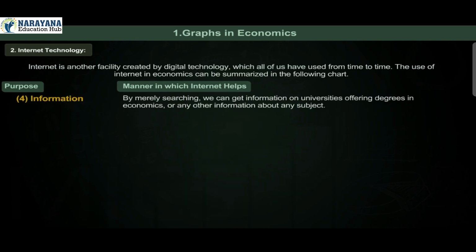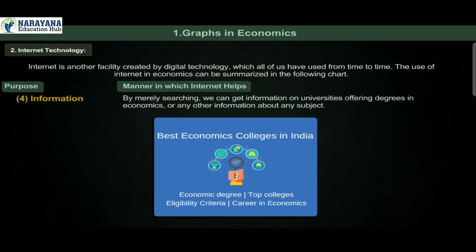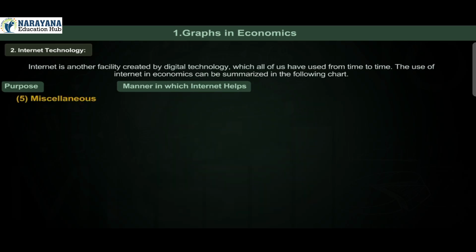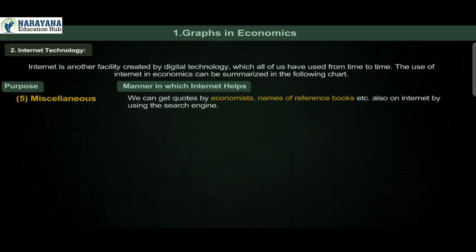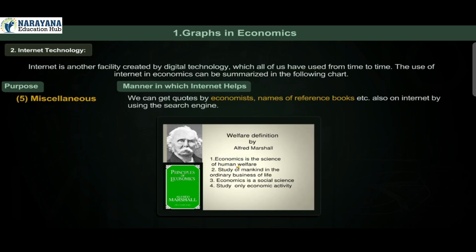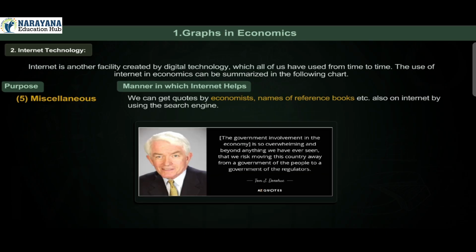Information. By merely searching, we can get information on universities offering degrees in economics or any other information about any subject. 5. Miscellaneous. We can get quotes by economists, names of reference books, etc. also on internet by using the search engine.